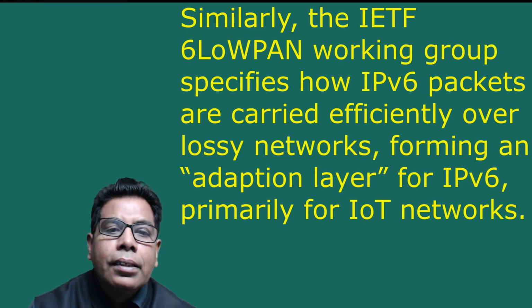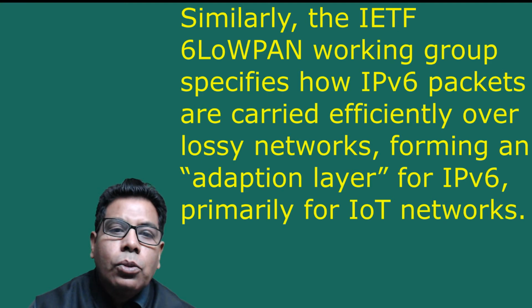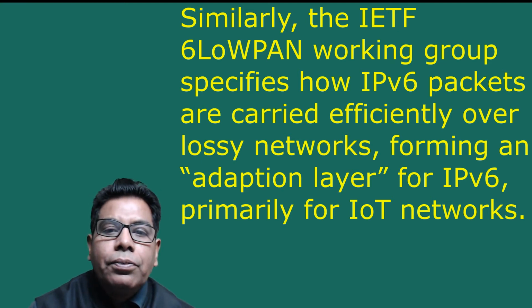For example, RFC 2464 describes how an IPv6 packet gets encapsulated over an Ethernet frame and is also used for IEEE 802.11 Wi-Fi. Similarly, the IETF 6LoWPAN working group specifies how IPv6 packets are carried efficiently over lossy networks, forming an adaptation layer for IPv6 primarily for IoT networks.